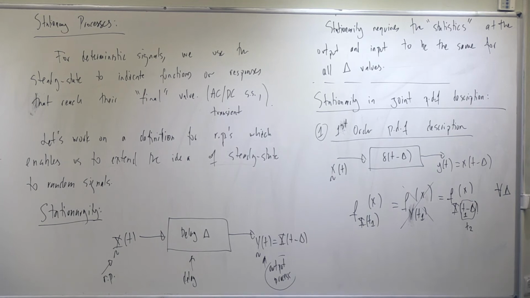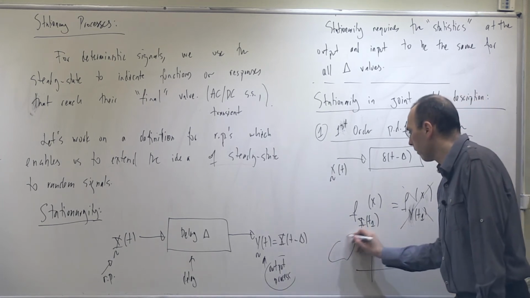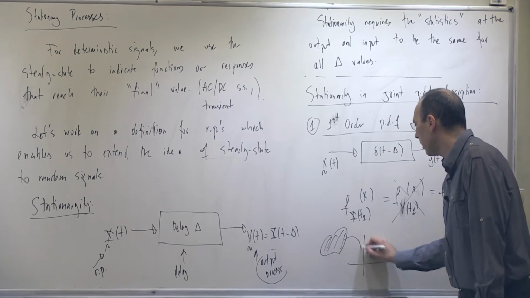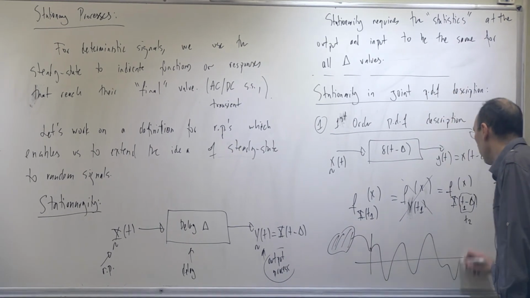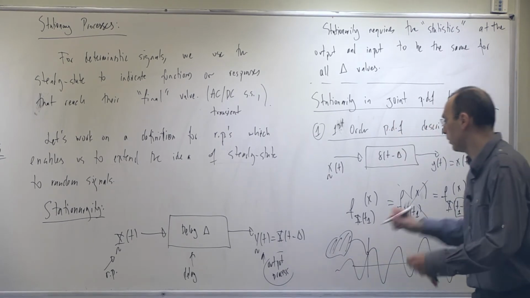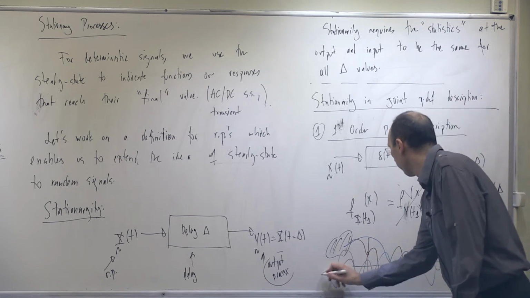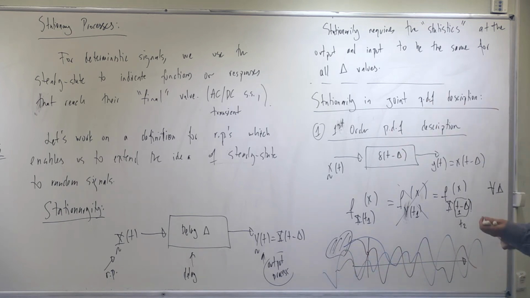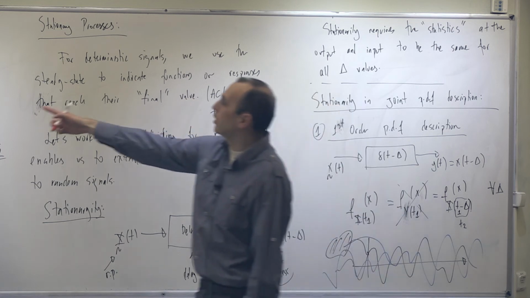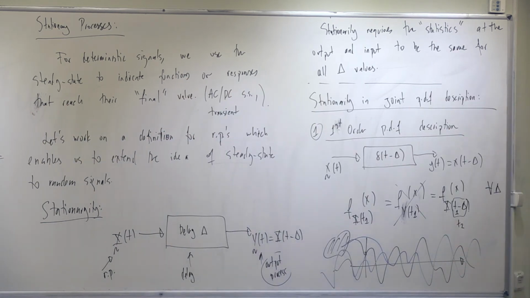Okay? For example, there is a sample space. There are many realizations like this. This is the black realization. This is the blue realization, etc. Like in this case, we have two realizations, and over here also, the black one and the blue one.